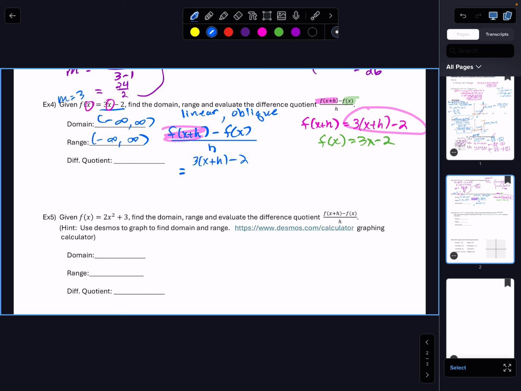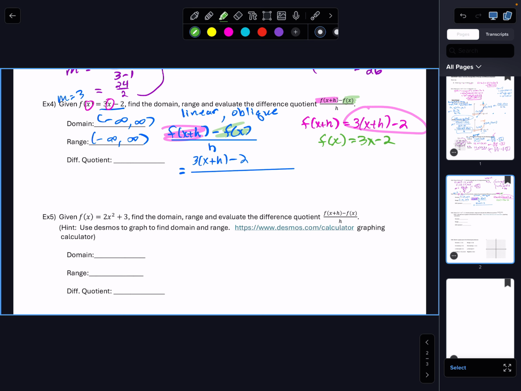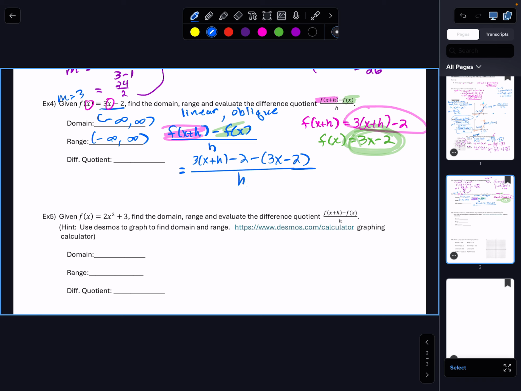And that is your f of x plus h. But then I need to subtract from that f of x, which is this entire quantity over here. And you need to subtract the entire quantity, so that f of x needs to be in parentheses. We're subtracting it. We're going to have to distribute that negative. And it is all over h.